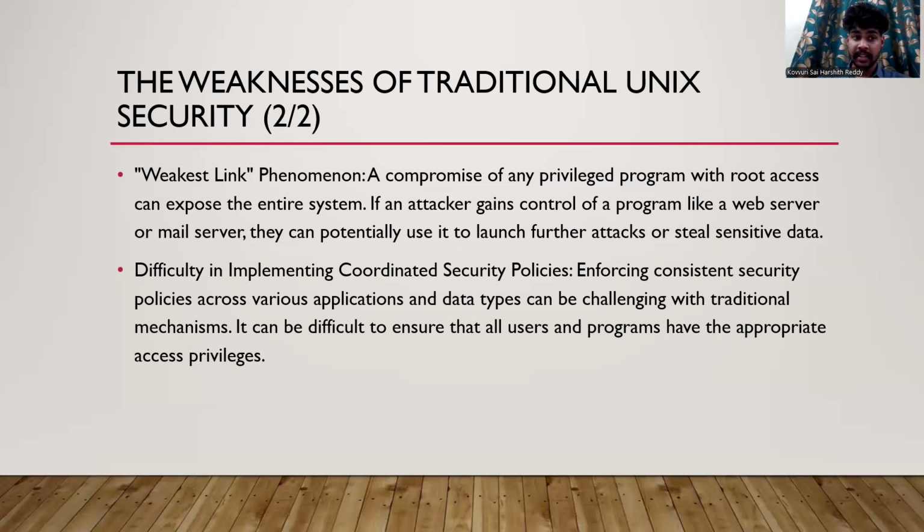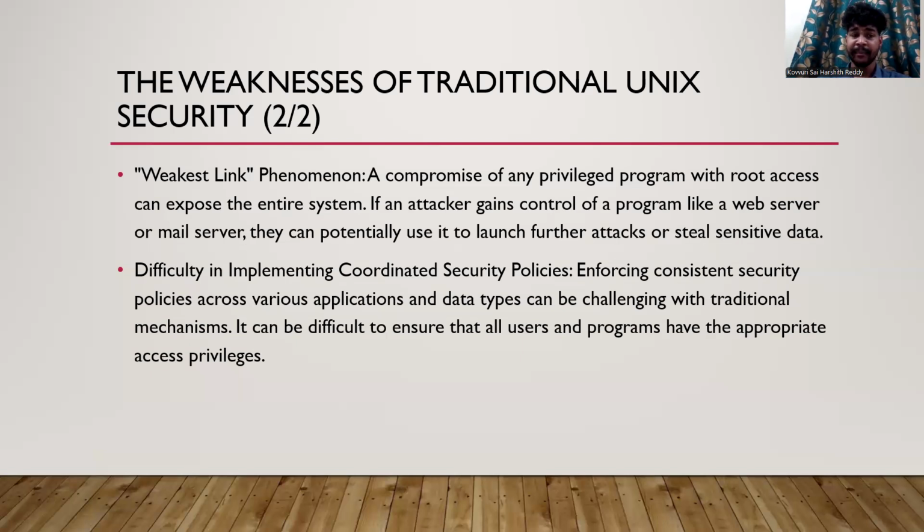Modifications to the Unix kernel to enforce the DTE policy. This involves adding hooks to system calls to check type enforcement rules before allowing access to resources. The third thing is the labeling mechanism: a mechanism to label processes and resources with their respective domains and types.